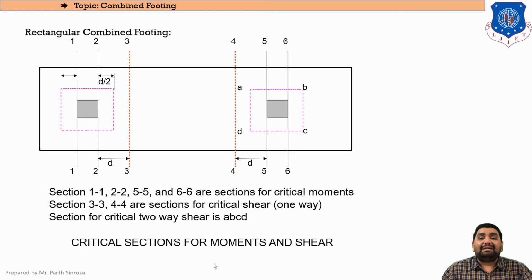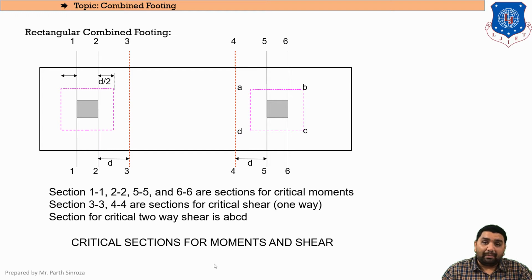So you just need to refer that these are the critical sections on which the bending moment will be maximum. As you can see here, sections 1-1, 2-2, 5-5 and 6-6 are critical for moments. Sections 3-3 and 4-4 are critical for shear, particularly one-way shear. So if it is asked about one-way shear, then it will be critical along the 3-3 and 4-4 axes.